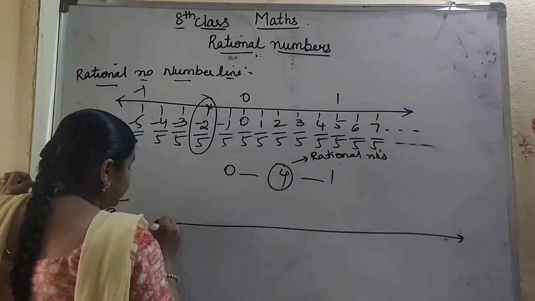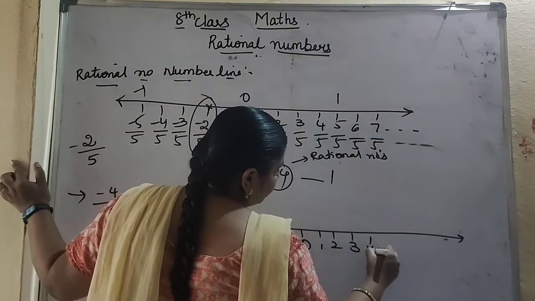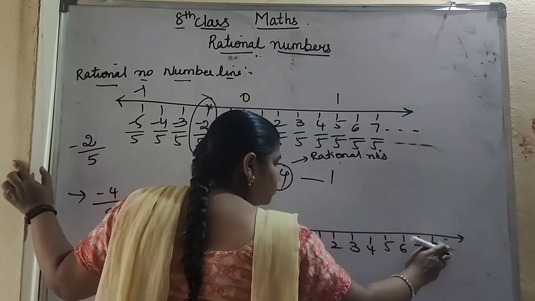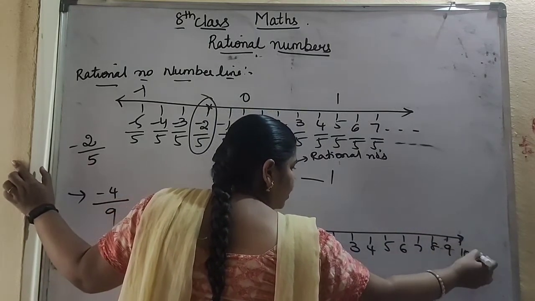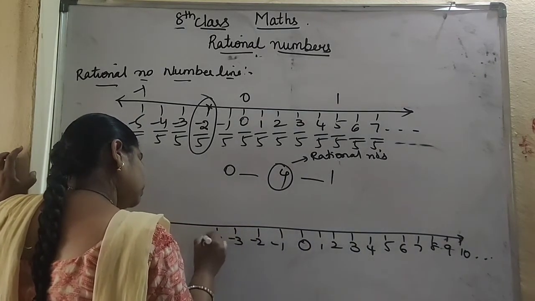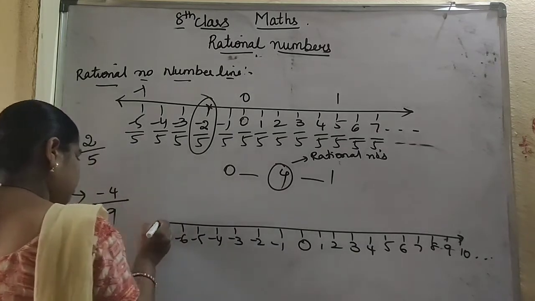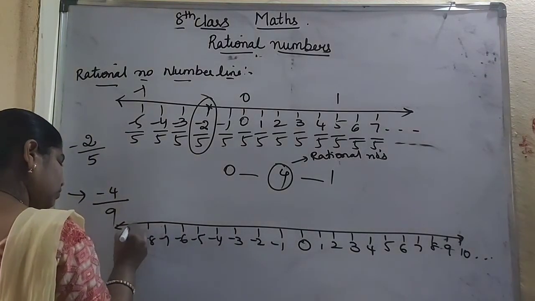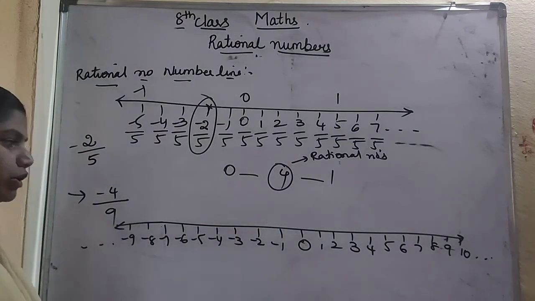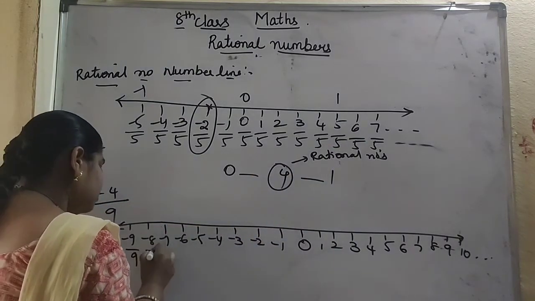First we have to take the integers number line, because in rational numbers you have positive numbers, negative numbers along with 0. And so on. So what is the denominator value? The denominator value is 9. So divide all the numbers by 9.